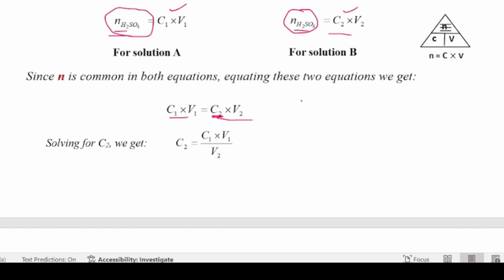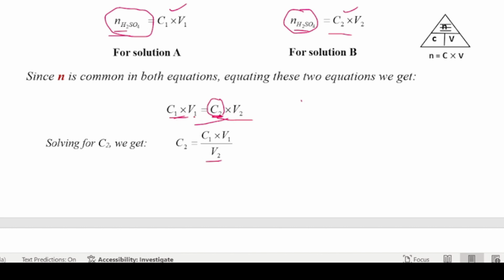Now we're interested in the final concentration. We're interested in C2. So how do you do that? Very easy, maths. Leave this as it is, block this one off, and you bring this guy to the bottom there. So C2 will be equal to C1 V1 over V2. If you wanted V2, you leave V2 there and you bring down C2.